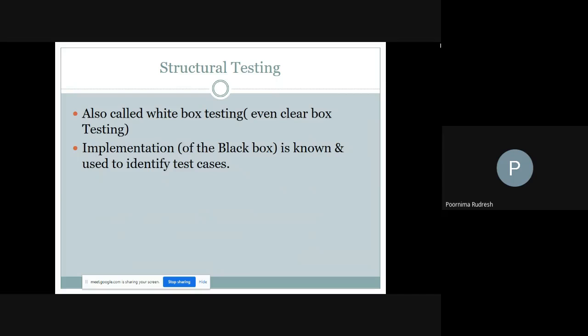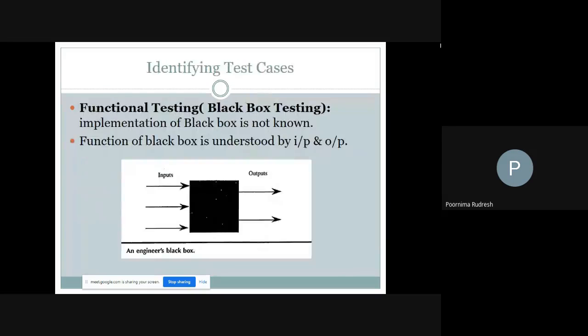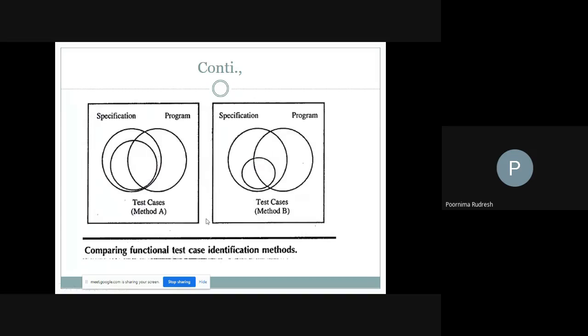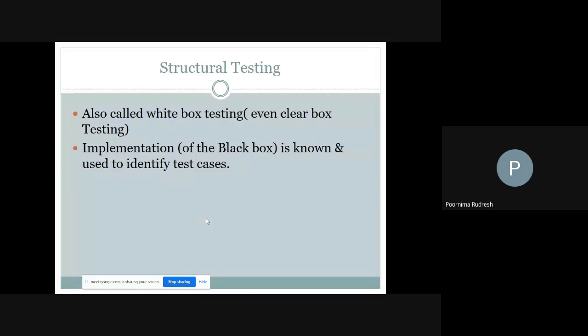So the structural testing has the ability to see inside the black box. Inside the black box means, in the functional testing, nothing is visible in the black box, right? So nothing is visible in the black box, but the structural testing is trying to see what is there inside the black box. Hence it is called the white box testing or the clear box testing.